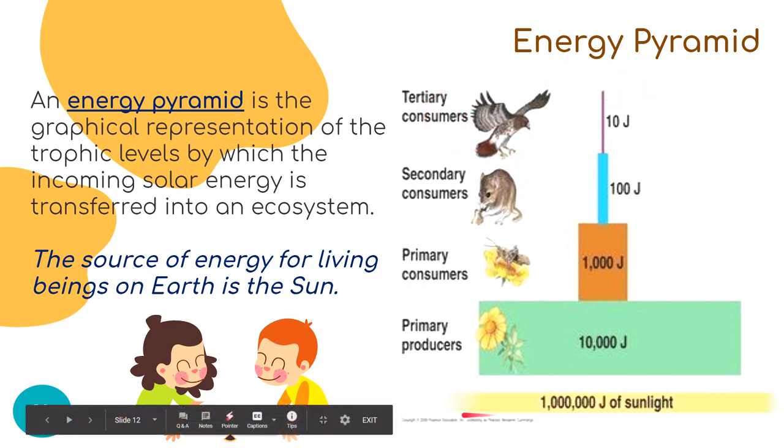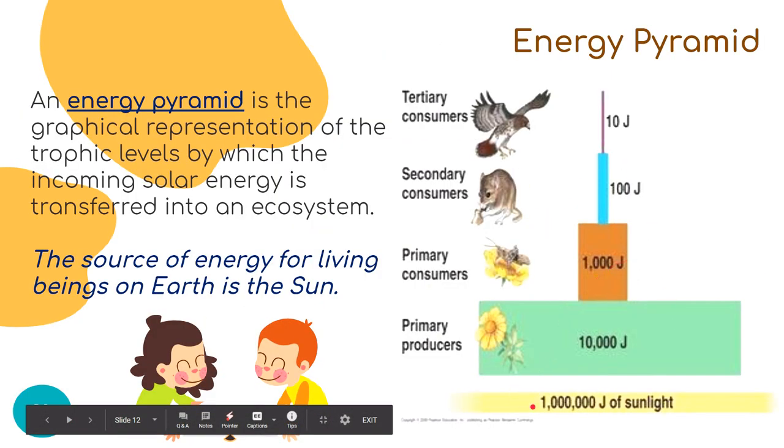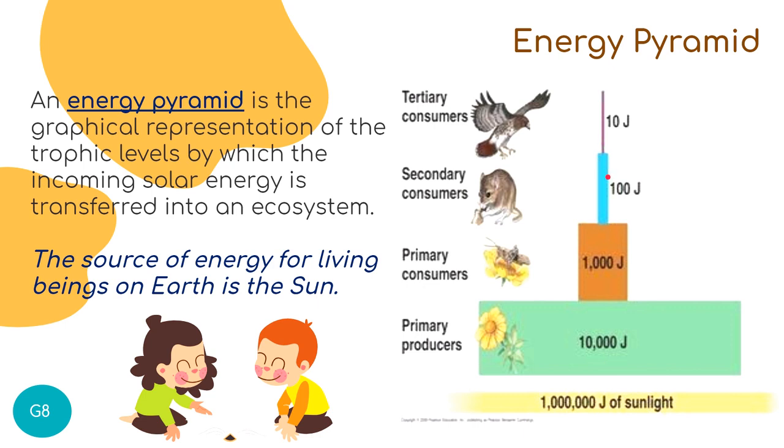So as you can see, that's why it's called a pyramid. It's not a rectangle wherein at every trophic level it's the same amount of energy. No, energy is lost in the process. So from one trophic level to another, there's this drastic decrease in the amount of energy that can be passed on.